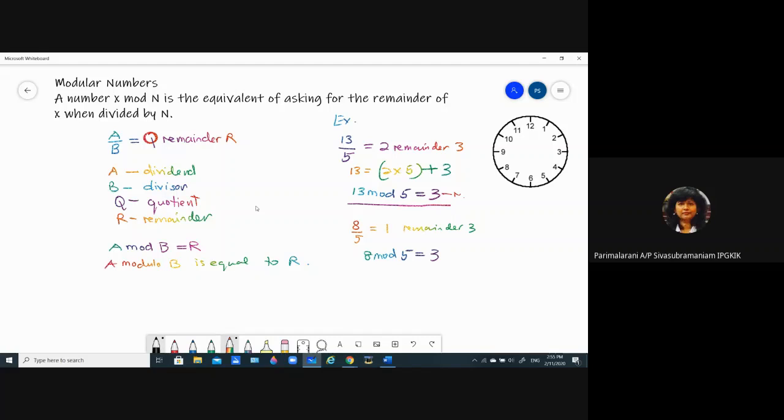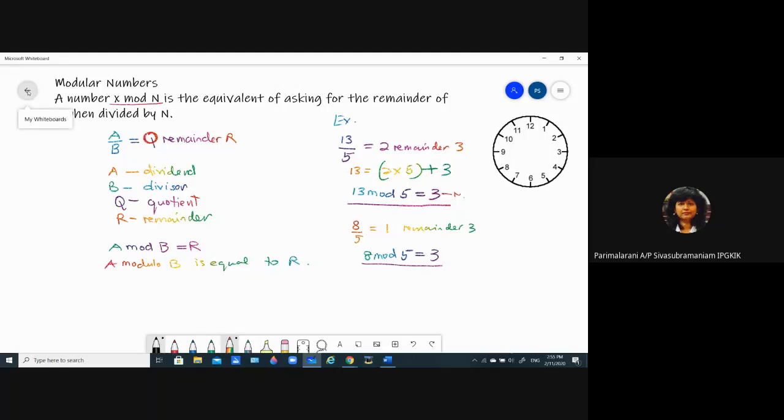We're only interested in the 3. We don't care how many times 5 is inside 8. So these are modular numbers. A number x mod n is the equivalent of asking for the remainder of x when divided by n. So far, is everybody clear?